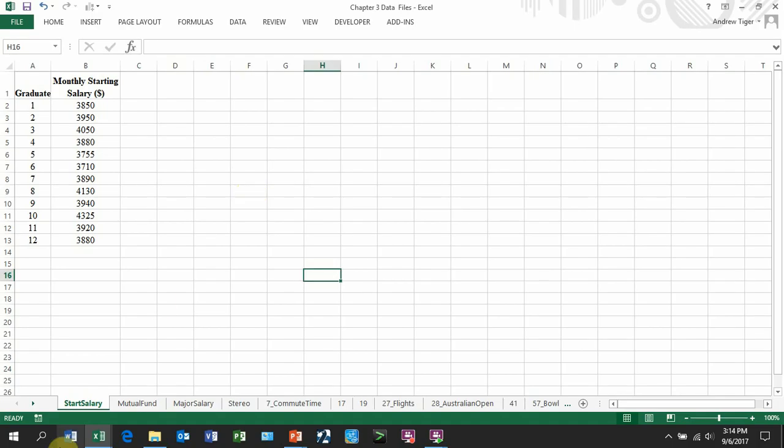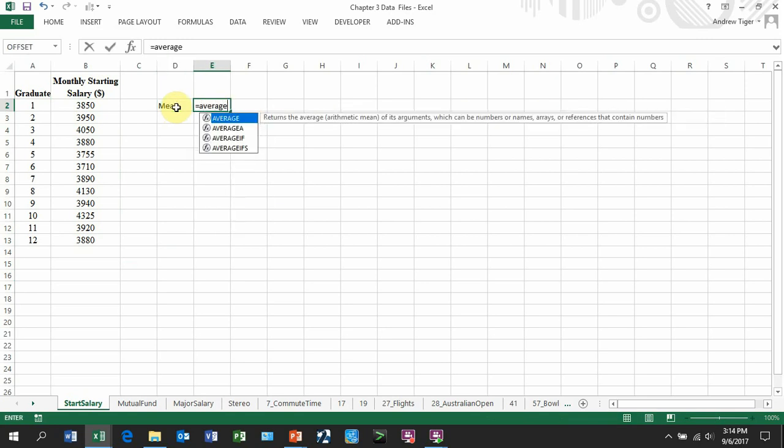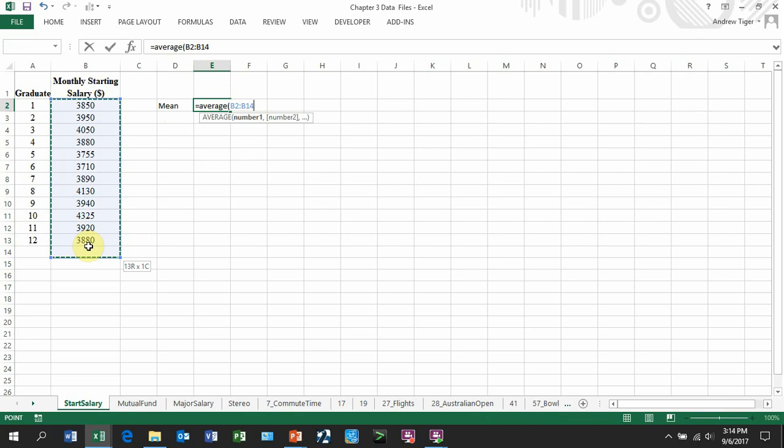So in the chapter 3 data file, the start salary, these are starting salaries, and there is a function to calculate the average or the mean. There's a function in Excel called average. So 3,940, and all that means is that that's the middle or the balance point.